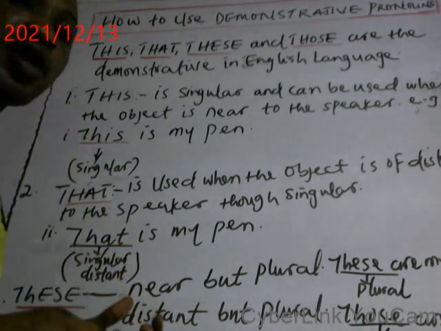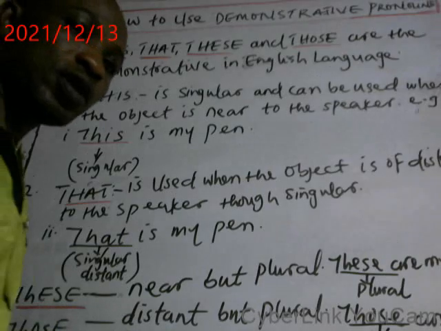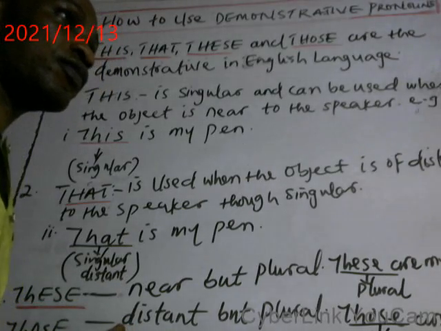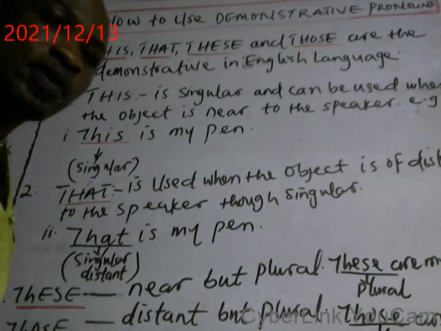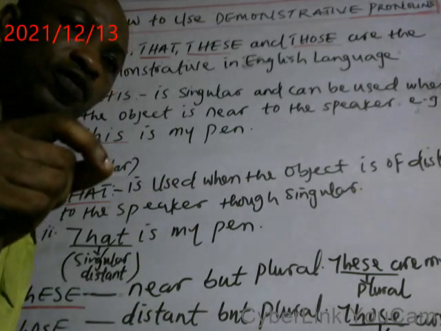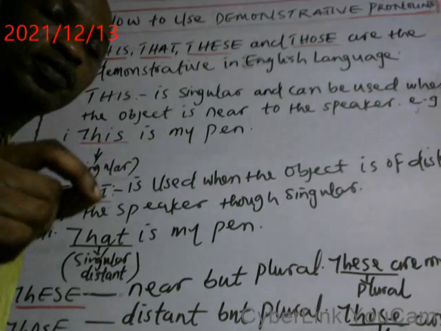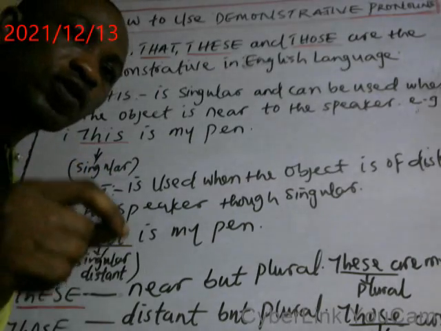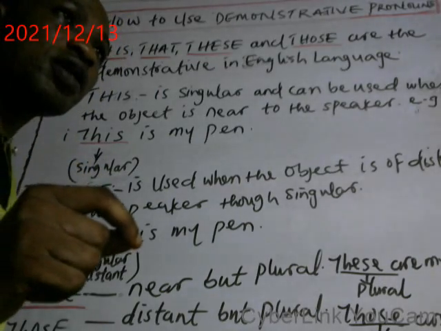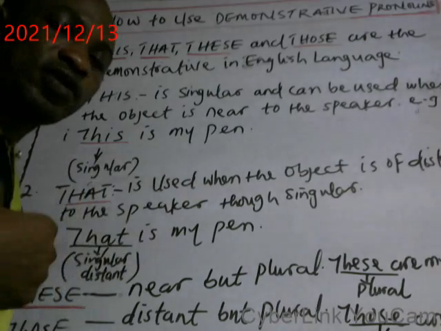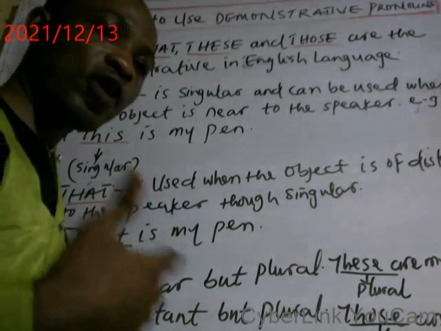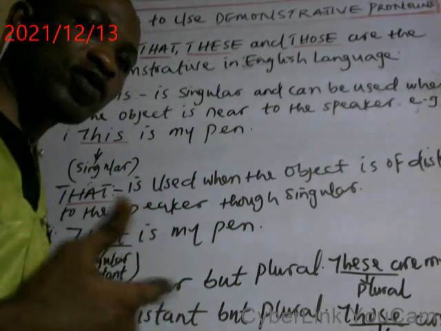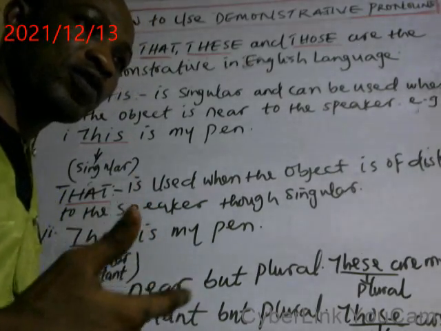How do we make use of any of these demonstrative pronouns? We have to understand that when we want to make use of demonstrative pronouns, what really matters most is the distance between the speaker and the object that we want to use demonstrative pronouns for.